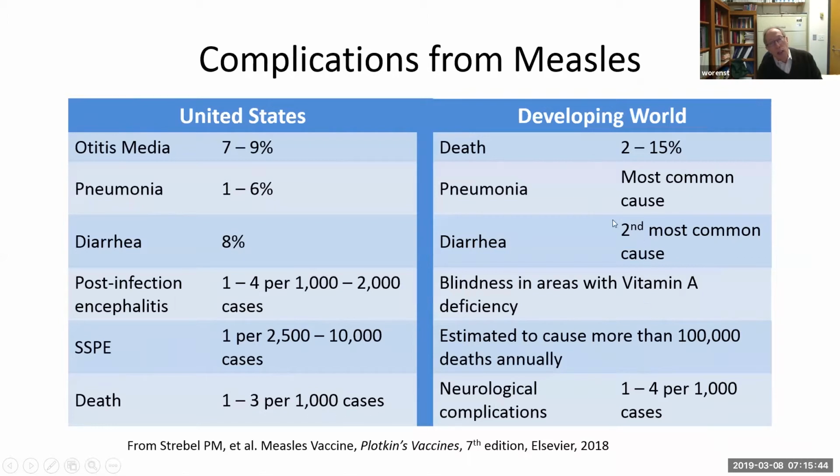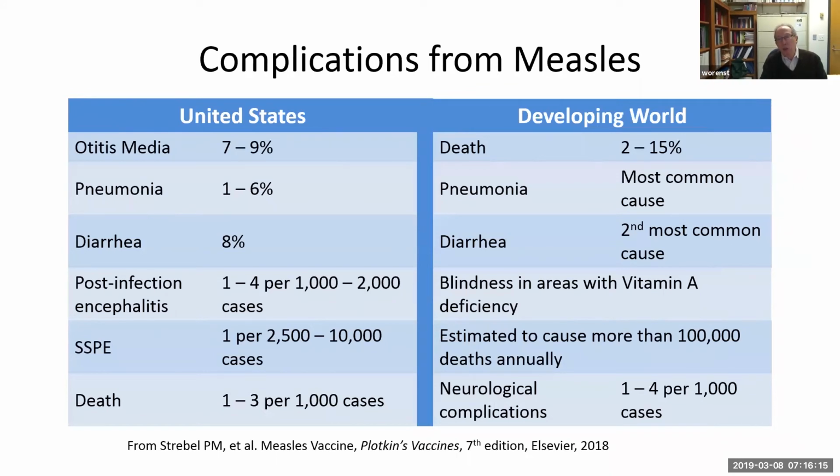In the developing world, death can be much more common. And the death to case ratio generally ranges from 2 to 15%. As in the industrialized world, the most common cause of death is pneumonia, which could be a primary measles pneumonia, or more commonly, a secondary bacterial superinfection. And diarrhea is the second most common cause of death.